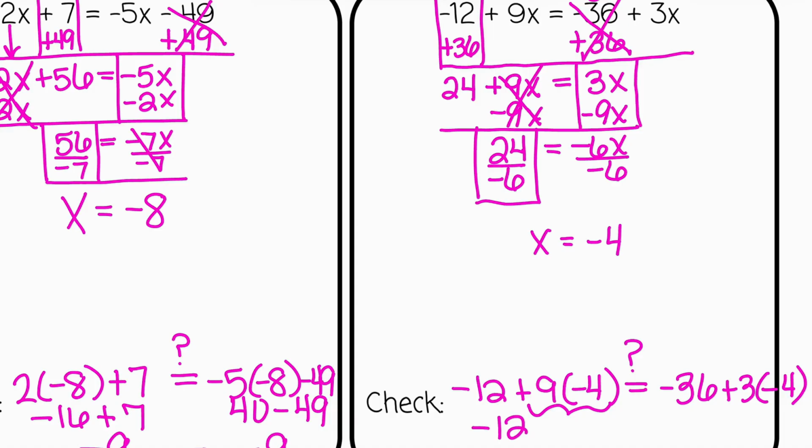So negative 12 minus 36 gives me negative 48. Okay, so now we want to see if the other side gives me negative 48. Again, I have to multiply first. 3 times negative 4 is negative 12. So negative 36 minus 12 does give me negative 48. So I know I got it right.